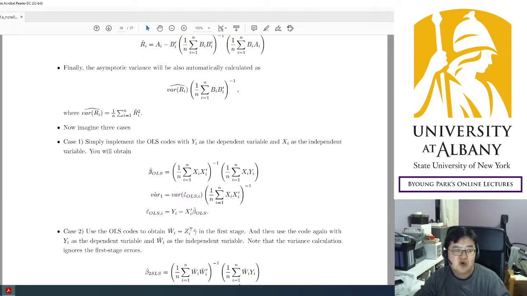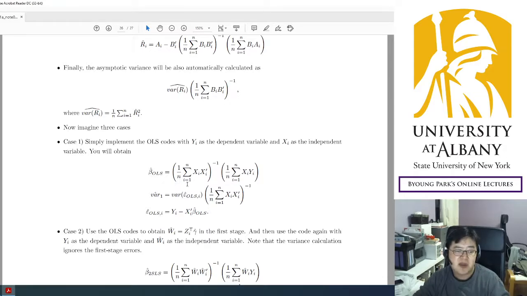You get beta hat this way, and the variance of the estimator is calculated from the variance of the OLS error term and x prime x inverse. Epsilon is calculated this way. This is the built-in code. It does not consider instruments, it is just a benchmark.